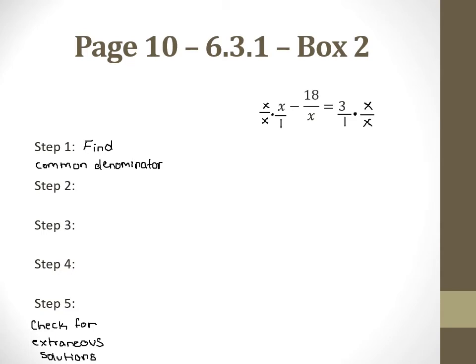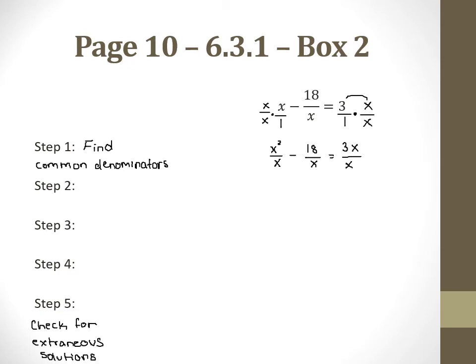X times x is x squared over 1x, minus 18 over x. And that's equal to 3 times x, so 3x over 1x. So you see now that we have found common denominators. Everything now is over the same expression or variable, in this case, the variable x.